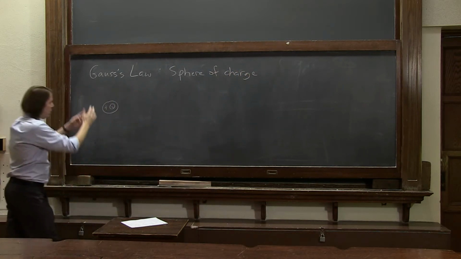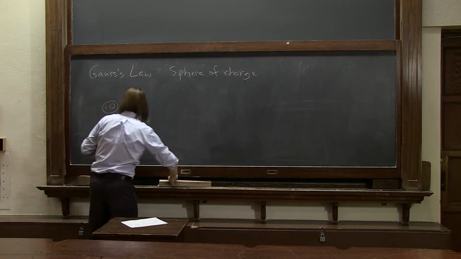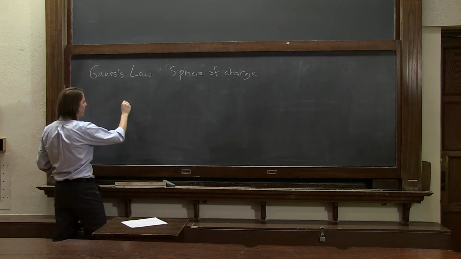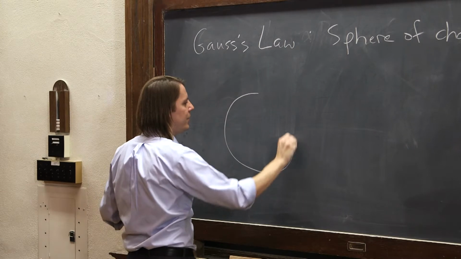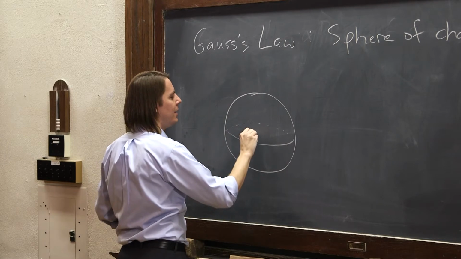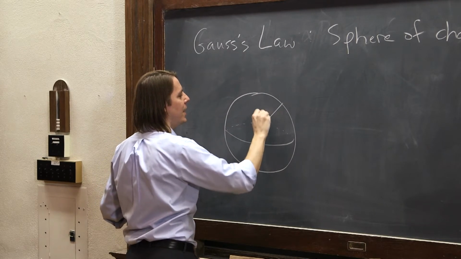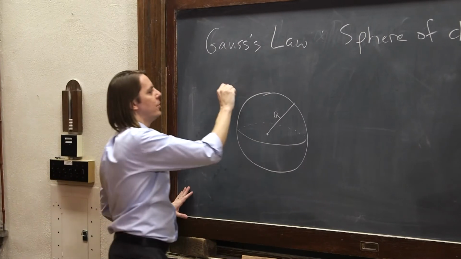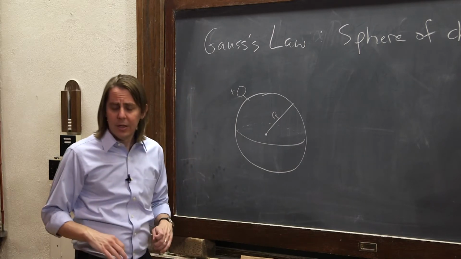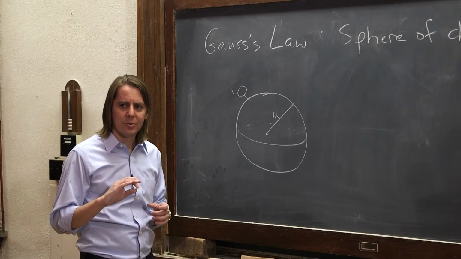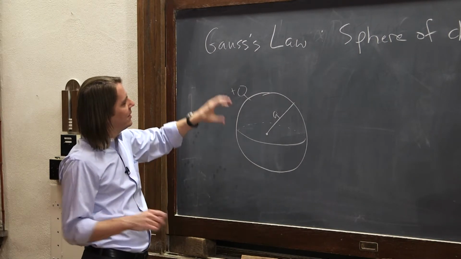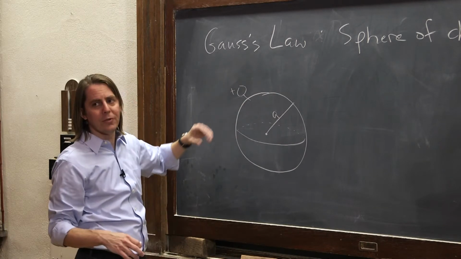What I've been drawing is basically little solid spheres of charge. I'm going to draw it a little bit bigger so that it'll look better when we do Gauss's law. So now, let's say we have a sphere. It comes around and goes back like that, its origin is there, and it has a radius A. And it has a total charge plus Q. When you're doing solid charges with a charge density rho, you have to decide if you're going to think about it as a volume and a total charge Q, or if you're going to think of the charge density.